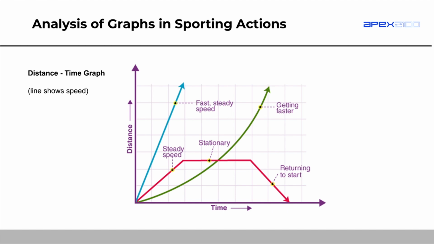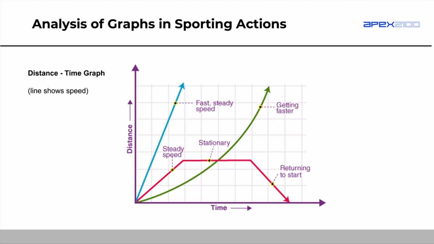Now, if we look at the first blue line, we've got a perfectly diagonal line going straight upwards. This is showing us a constant, steady speed. So the person is moving at the same speed over time. The distance is increasing at the same rate as time is passing. So they're maintaining their speed.